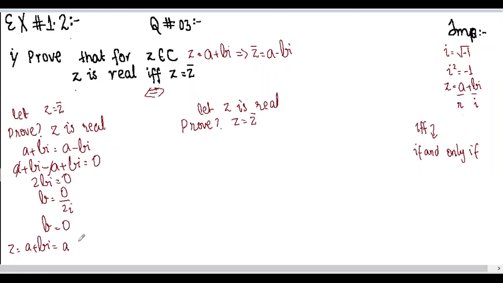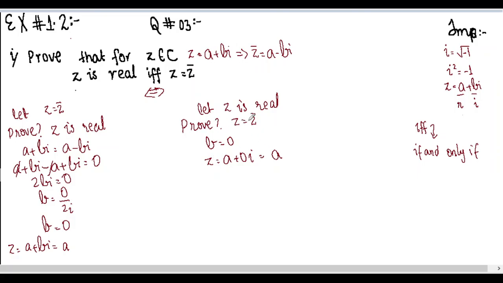There is no imaginary portion, so z is real. Now we have to consider that z is a real number. For z to be real, what do we know? That b should be 0, so that z equals a plus 0 iota equals a. Understood? When b is 0, then z is real. So we have to suppose that z is a real number.